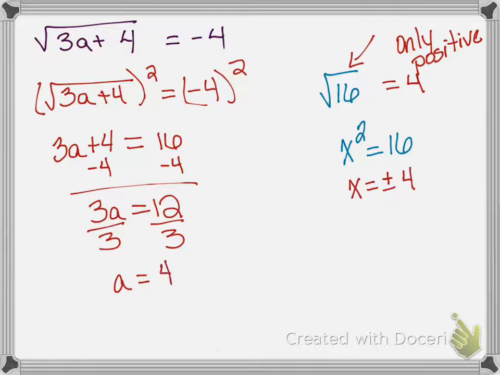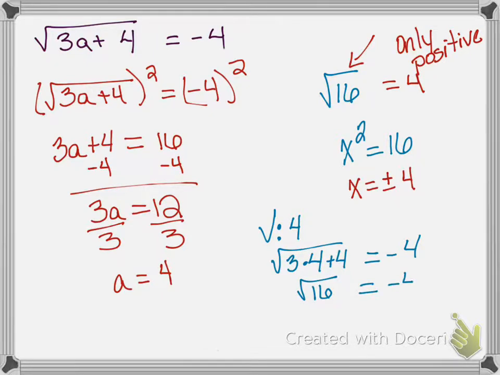4. Now, when I go back to check this, I'm checking the 4. I will have 3 times 4 plus 4. 3 times 4 is 12, plus 4 is 16. When I take the square root of 16, I get 4.